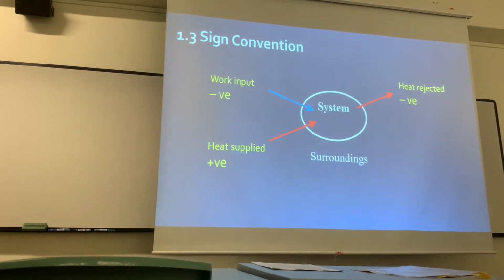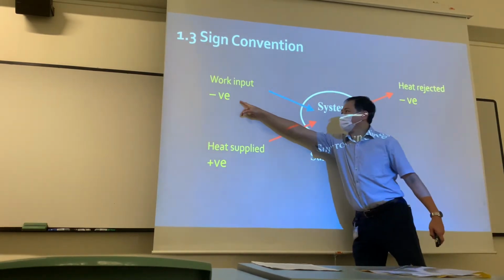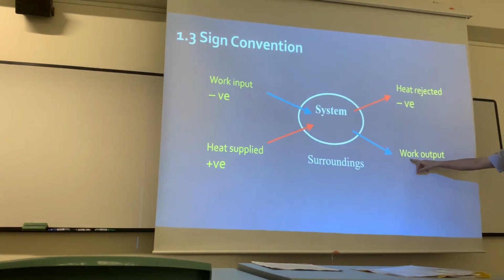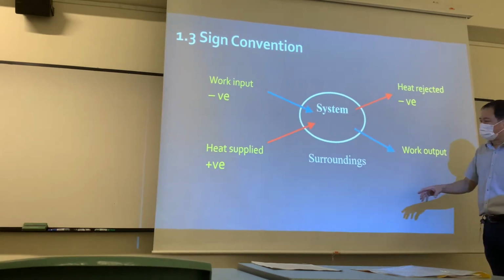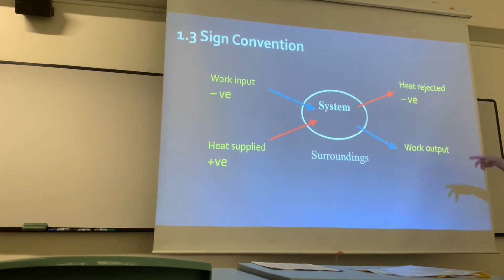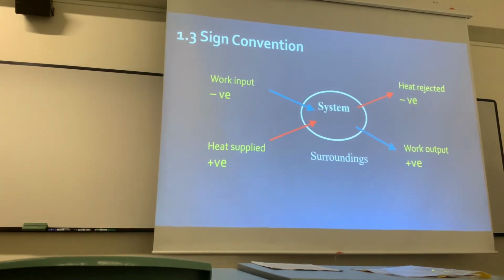The energy comes from me, is lost from me, and goes into the system. So it's a negative figure. If the work comes out from the system, let's say something expands and pushes and produces work, then this work output is a positive number.